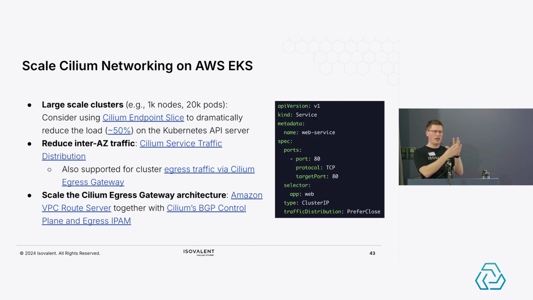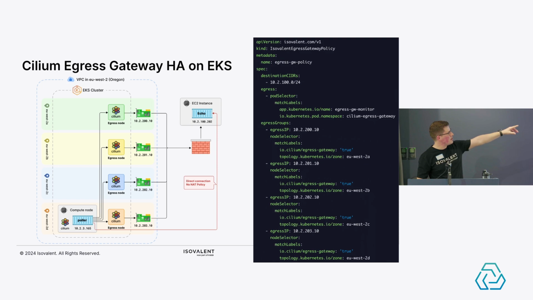Whenever one is taken, it will be announced to this VPC-specific route server, which just went GA, by the way, a few weeks ago. It's then announced to this external BGP and therefore routable in the underlay in the VPC. So with that solution, you do not rely on specific nodes anymore, because you can take any node and the egress IP is then just dynamically assigned to this node, which is also selected by the policy we see on the right-hand side.